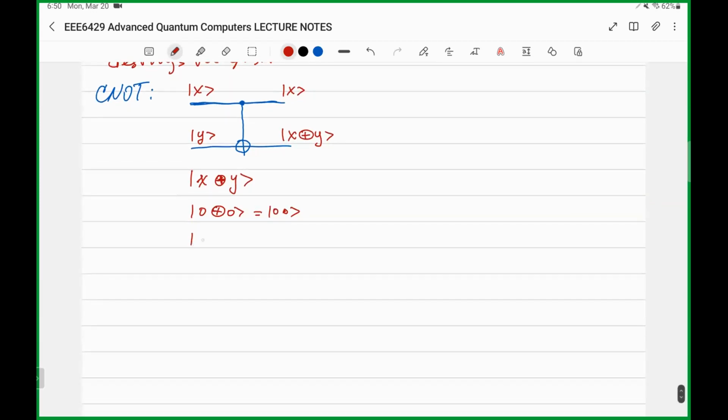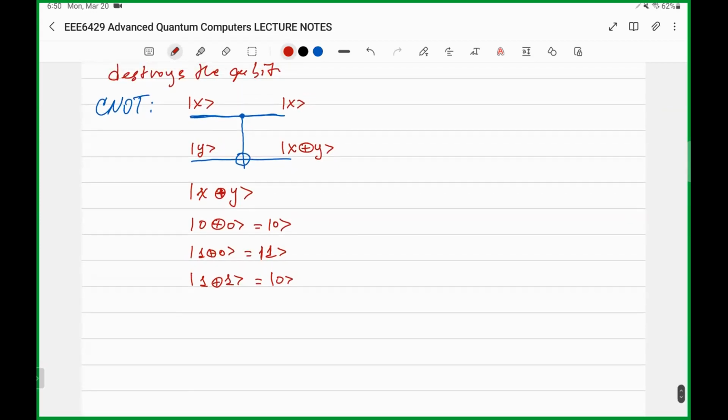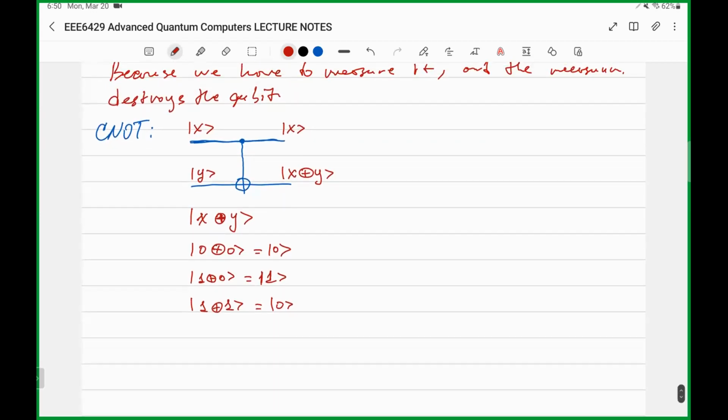If the state is 1 plus 0, the state will be 1. And finally, if this is 1 plus 1, it gives you 2, but you return to 0, so it will be 0. This is the logic.